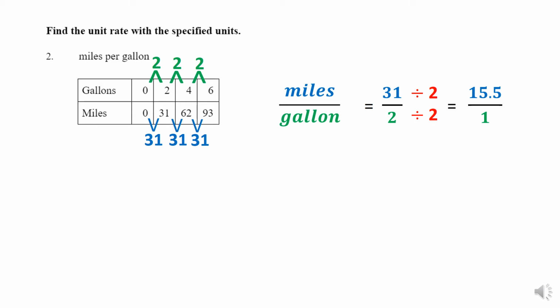You need to know what the unit rate is, or the unit price. If you're going to buy something, you're just going to buy one maybe. In this case, we need to know how many miles for 1 gallon. Done. Not done. 15.5 miles for every 1 gallon. Write it again with the words.